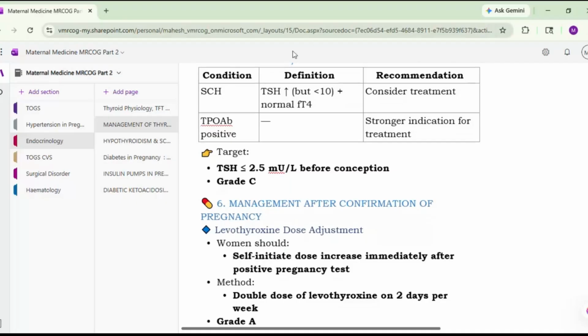So when the patient is presenting before conception, these are the things you need to look into. Then management after confirmation. Now this lady has become pregnant. What are you going to do? Levothyroxine dose adjustment. In hypothyroidism you have started LT4. The woman should self-initiate a dose increase immediately after a positive pregnancy test.